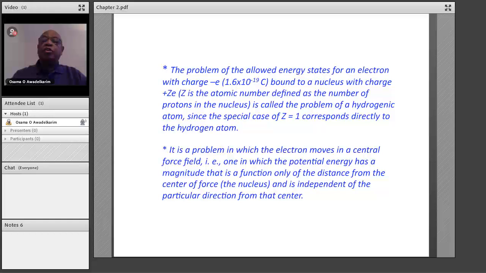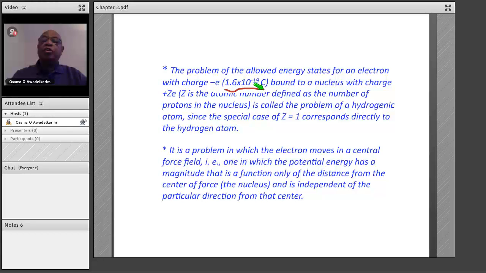And if we take a simple atom that has only one electron, that one electron would have a charge of minus 1.6 times 10 to minus 19 coulomb.